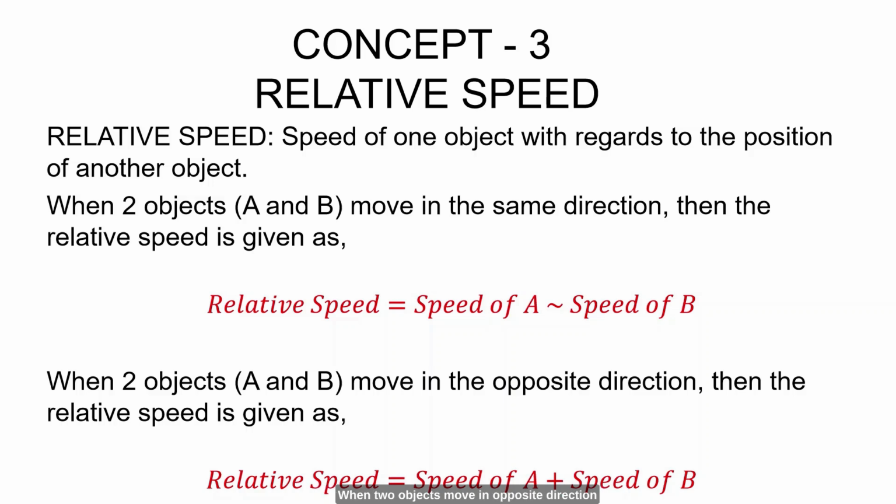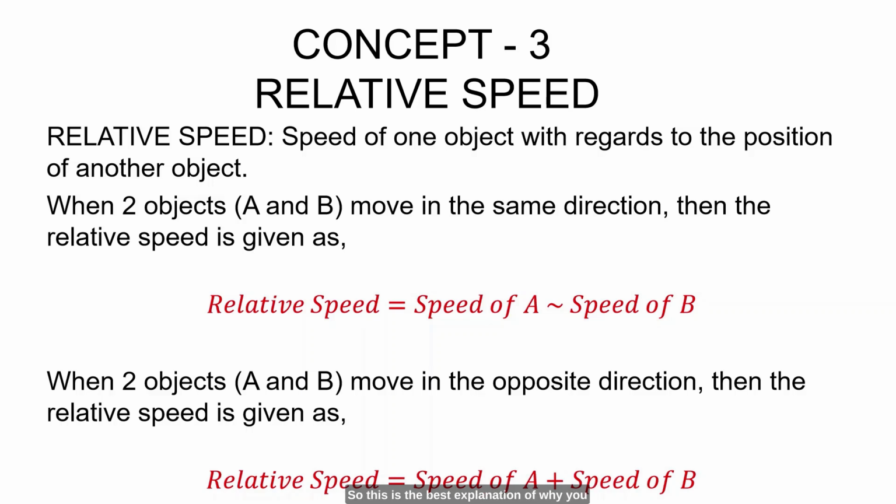in the case when two objects move in the same direction. When two objects move in opposite direction with respect to each other, then the distance between the two objects increases. In this case also, time taken remains constant. When time remains constant, we had seen in the first video that distance traveled is directly proportional to the speed. Therefore, as the distance between the two objects increases, the relative speed also gets additive.